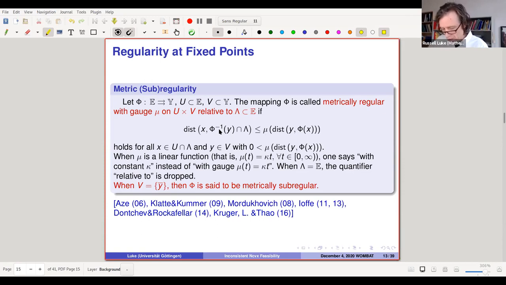So as long as this inequality holds for all X in this neighborhood U, restricted to lambda, and all Y in this subset V, and this gauge is positive, and when this mu is just a linear function, then we have the usual linear metric regularity that most people are familiar with. And if in particular this set V is a single point, which is why I don't want these to be neighborhoods, they can be closed sets, then we just call this metric subregularity.